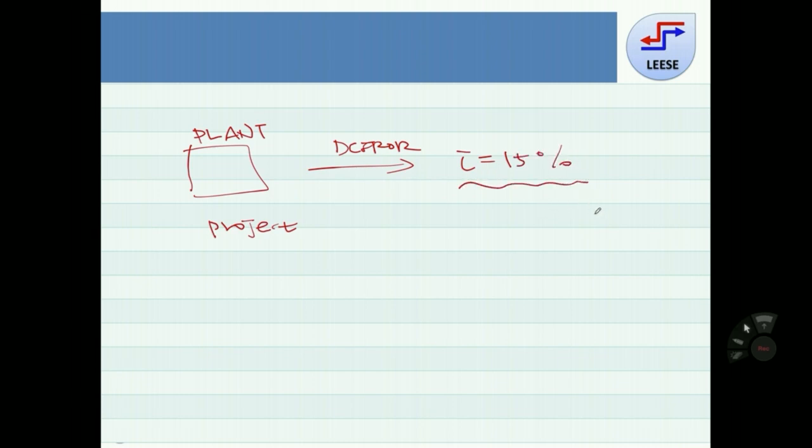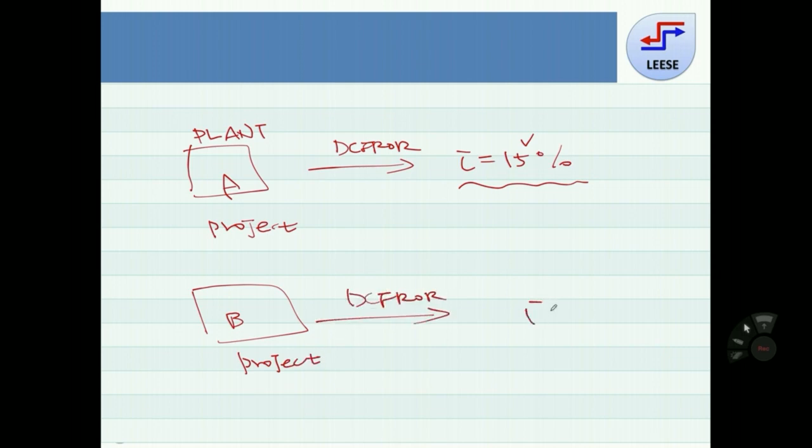The meaning of DCF-ROR is that I can cover, for example, 15% of the interest rate charged by the bank. For some other project, the DCF-ROR is 5%.